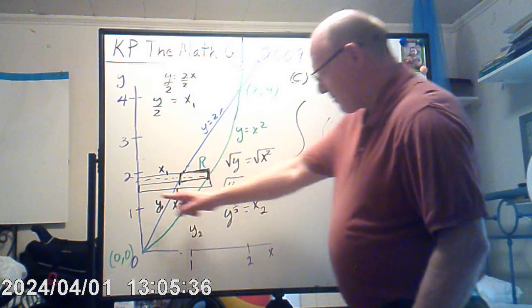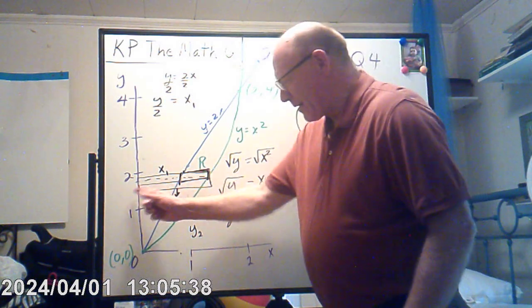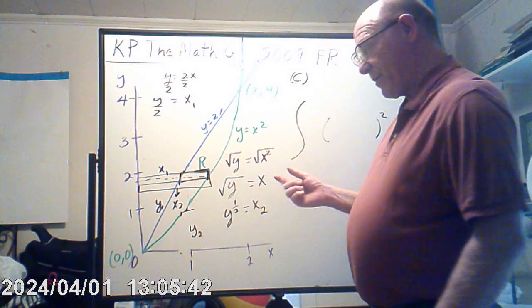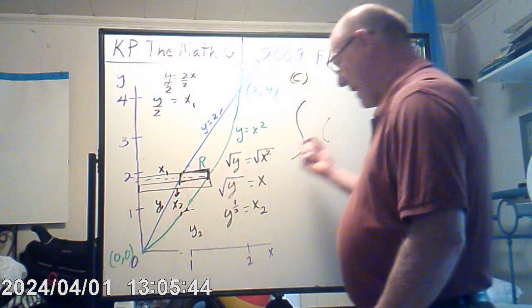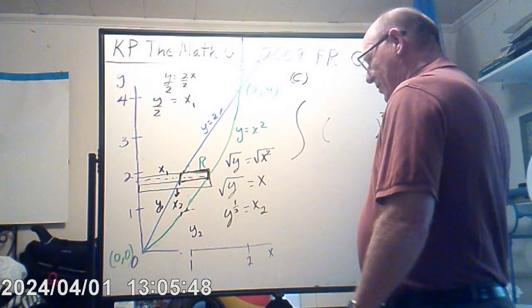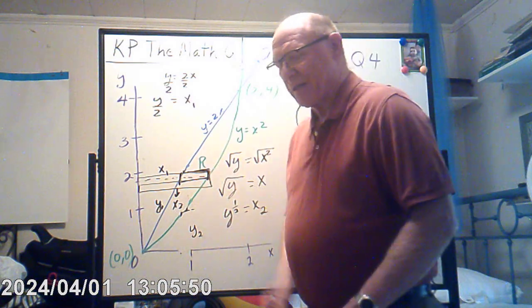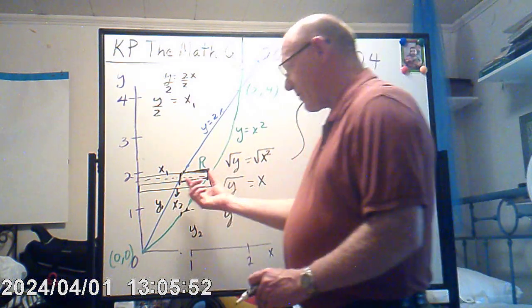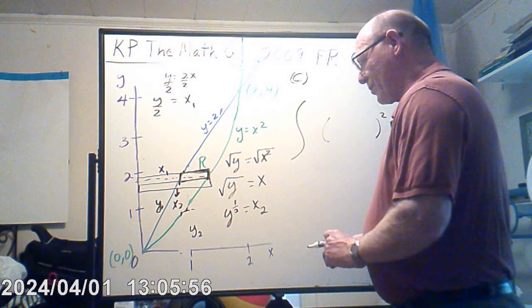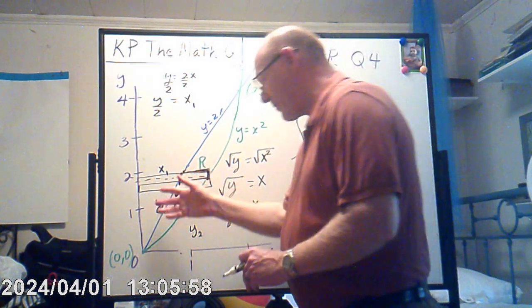And so x of 2 is this length here. Now remember, we're not revolving it. If we did revolve it, we would have to do x of 2 squared minus x of 1 squared, but we're not revolving it. We're just finding the volume, just like we did in part B. Okay, that's what we did here. So we're just finding the volume.